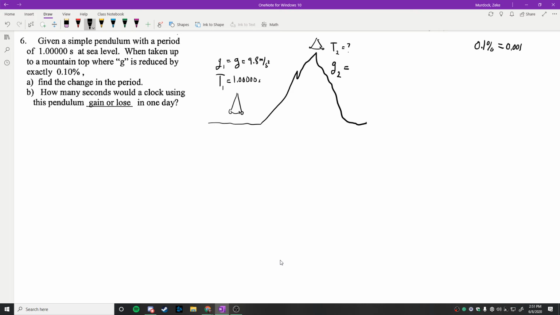So g on the mountaintop is going to be 0.999 of g on the ground. Is that clear? Because it would be reduced by that, right? So you have to take 1 minus. And that's how you get that.